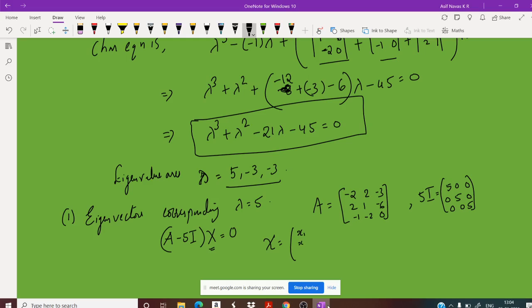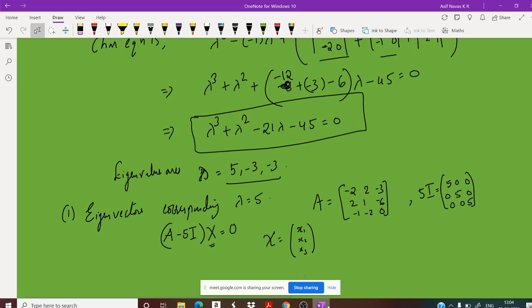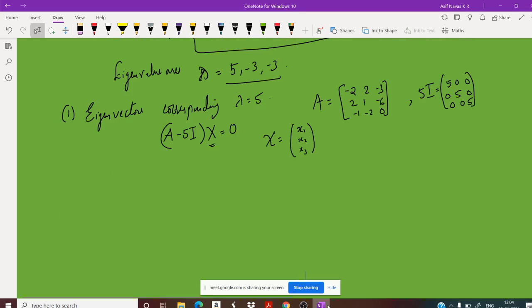Therefore, x is x1, x2, x3, or you can write it as x, y, z. Now we will find: (A minus 5I) times x1, x2, x3 is equal to 0, 0, 0.